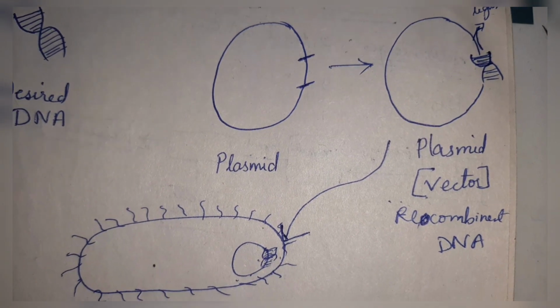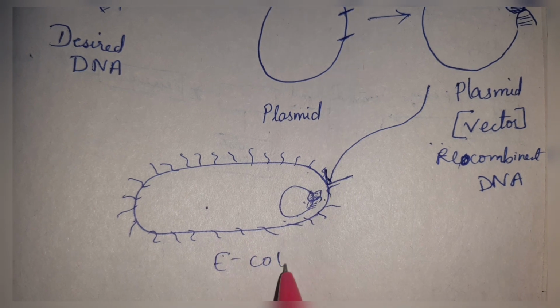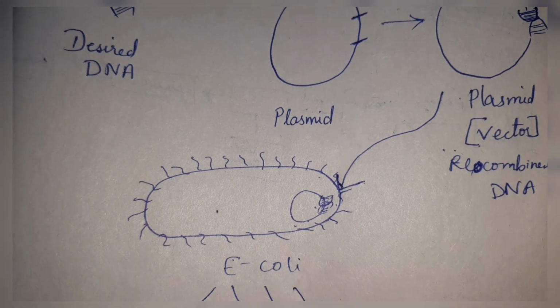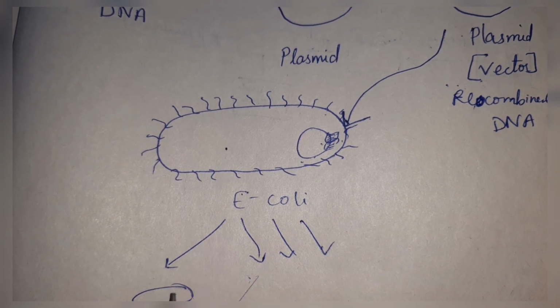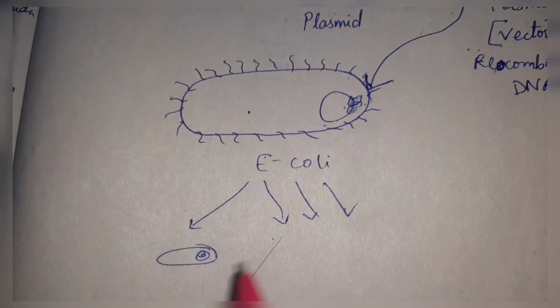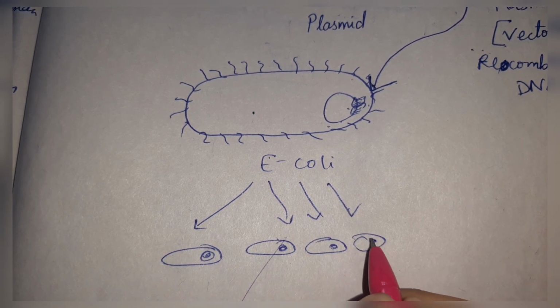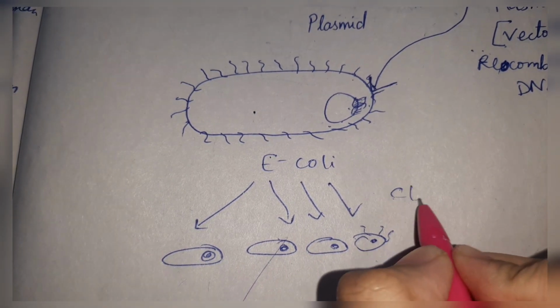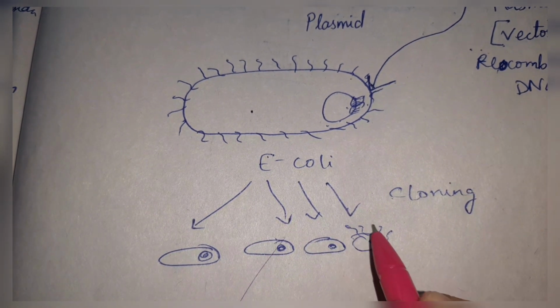So we transferred this recombinant DNA into E. coli, and this E. coli produced multiple copies of our desired gene, and this process we name cloning.